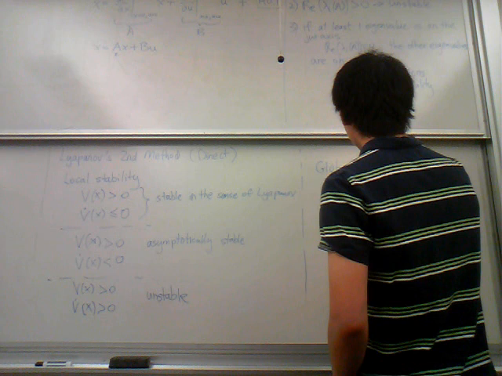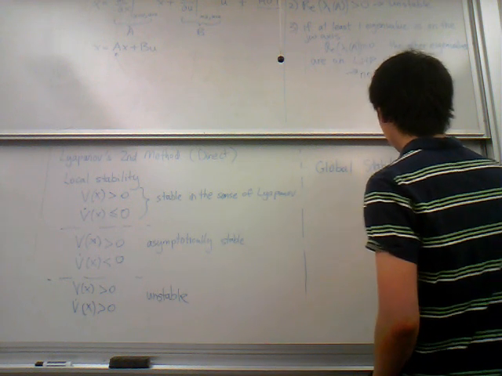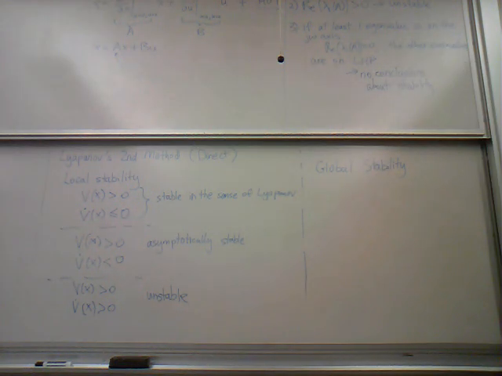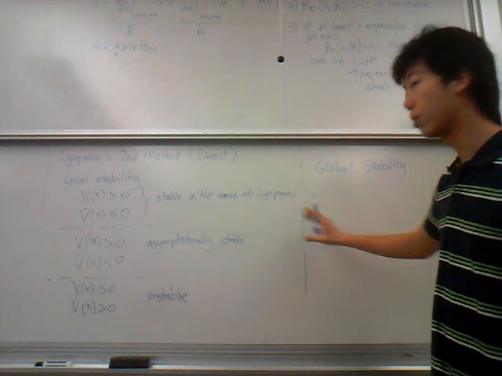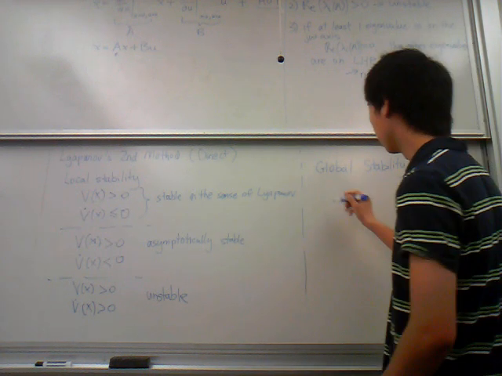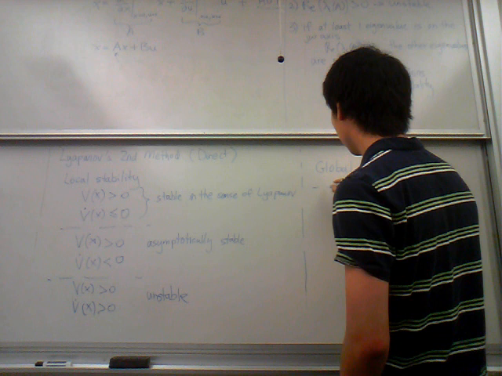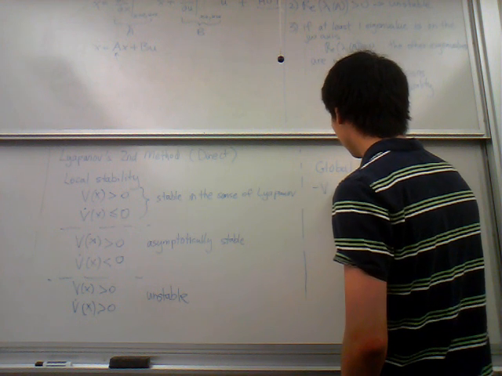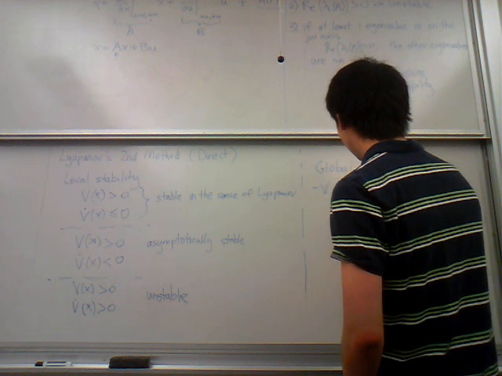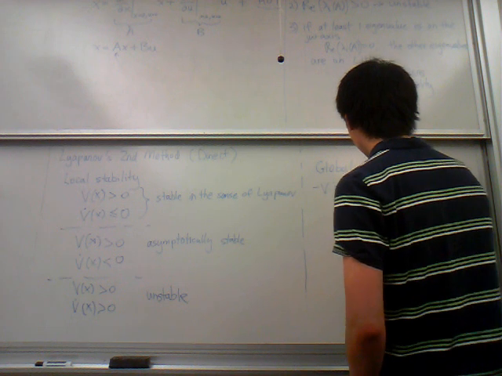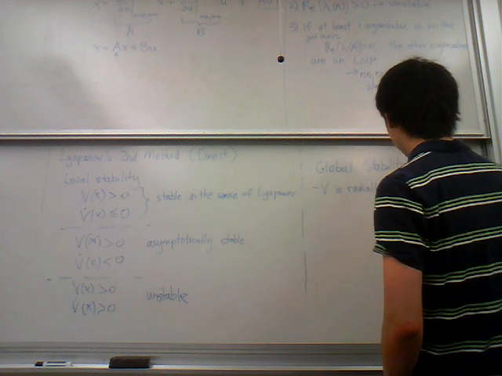For global stability, it's pretty much the same thing here, but we require another condition, that V is radially unbounded.